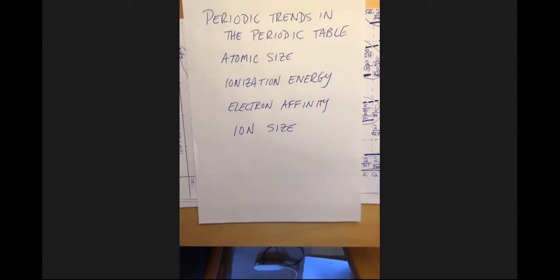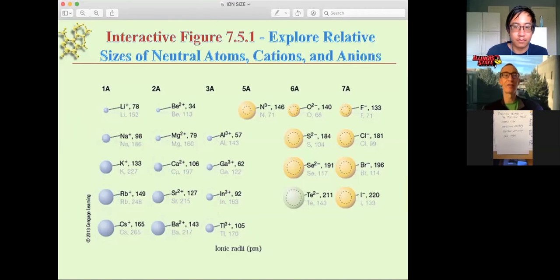If we look at the graph of trends in ion size, we can see there's a faded dotted line showing the size of the neutral atom, and then the size of the ion after it has either lost or gained electrons.